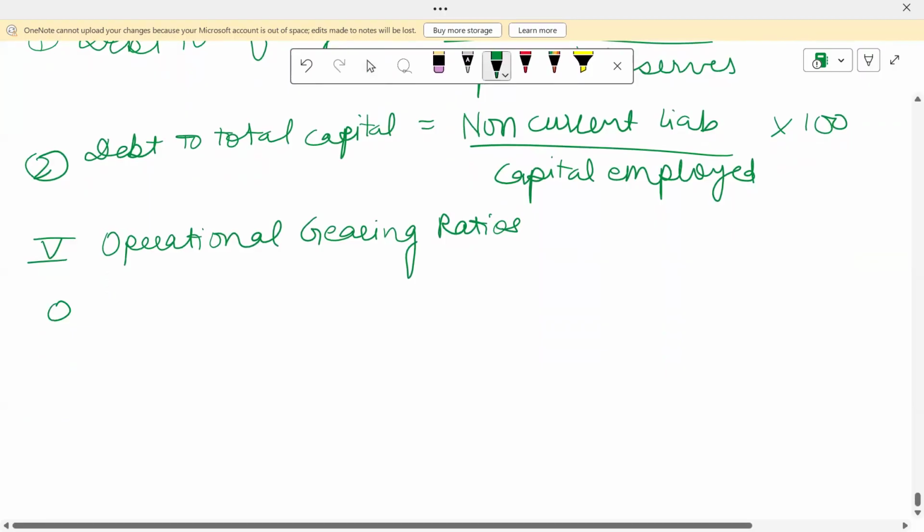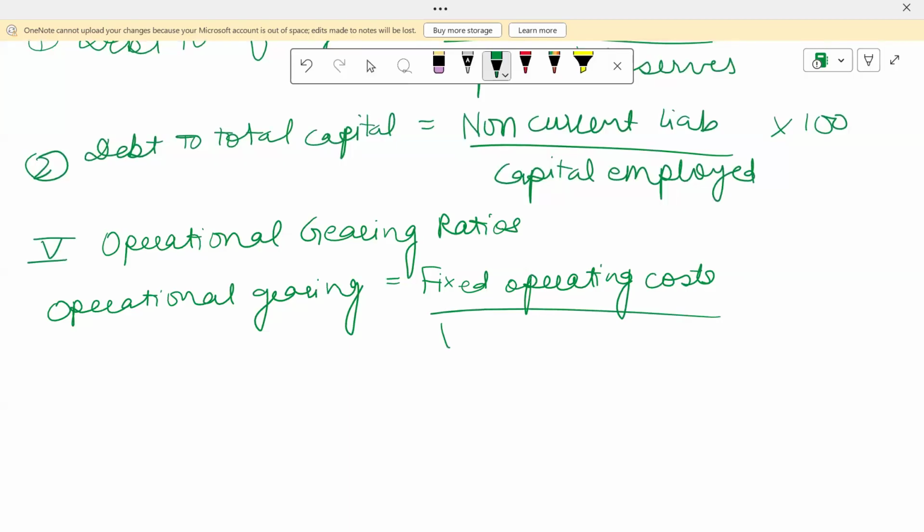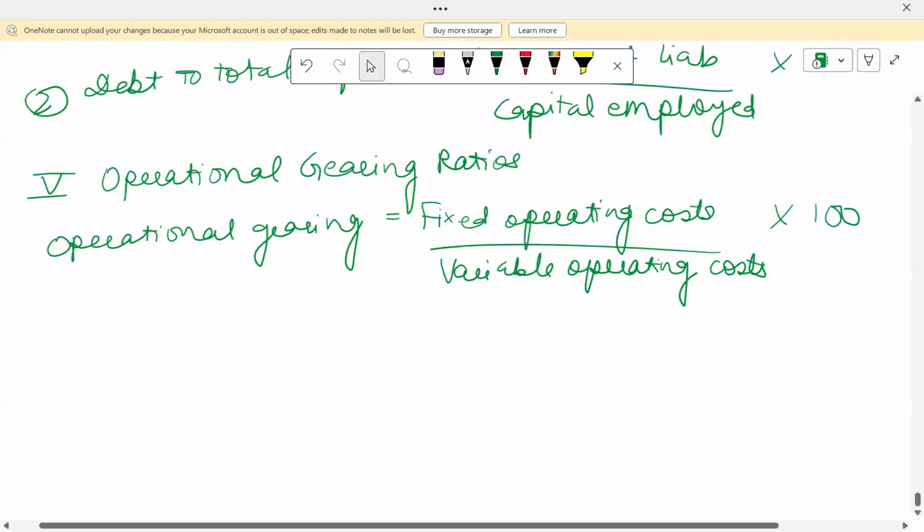So operational gearing can be calculated as fixed operating costs divided by variable operating costs, multiplied by 100. So this gives you a percentage.